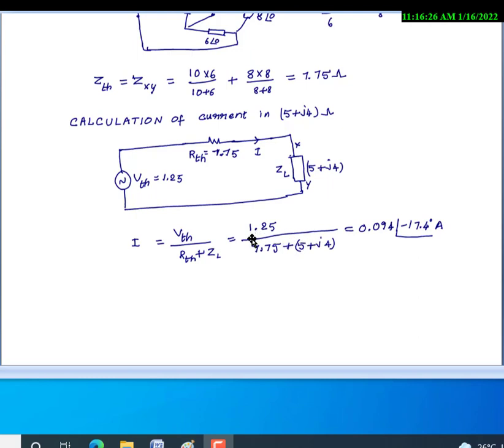Substituting the values, V Thevenin is 1.25 divided by R Thevenin 7.75 plus ZL, which is 5 plus J4. After simplification we get 0.094 at an angle of minus 17.4 degrees amperes.